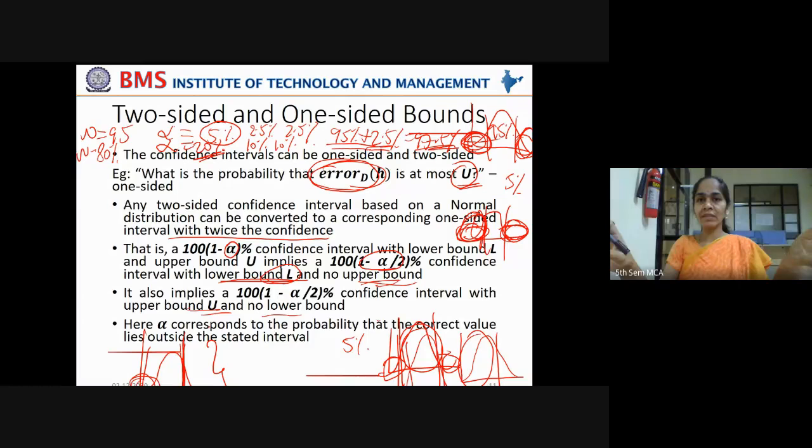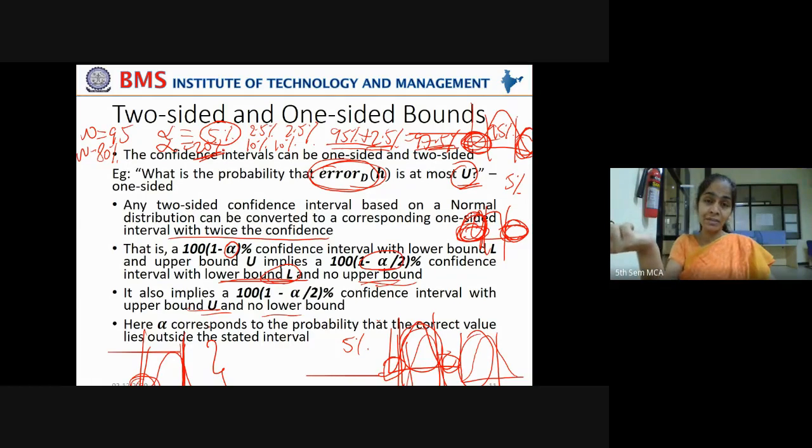Now if you have a one-sided bound, then this 2.5 is relaxed, and 95% plus this 2.5% is combined. So your confidence interval is actually increasing. So it becomes 97.5%, and only 2.5% of the time you are not sure whether the true value falls into this confidence interval. It may fall outside the confidence interval.